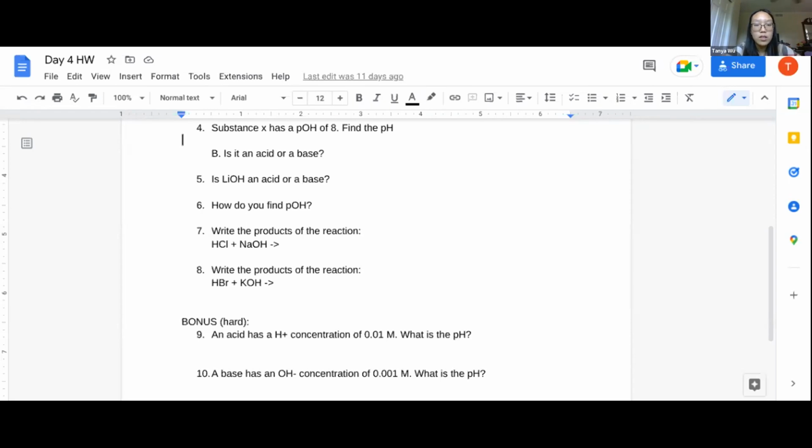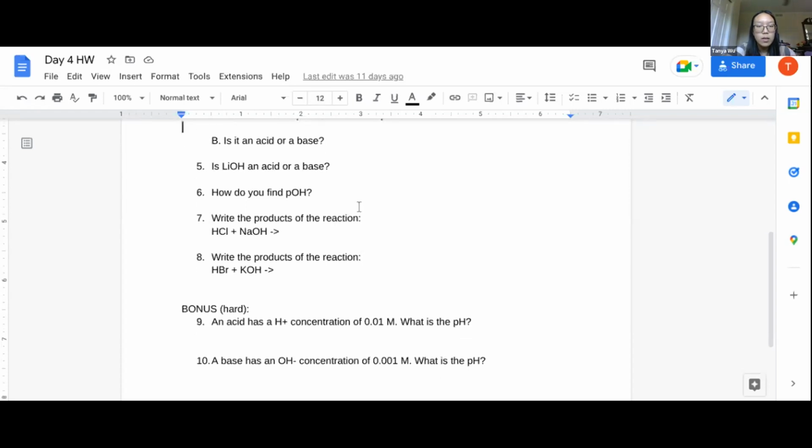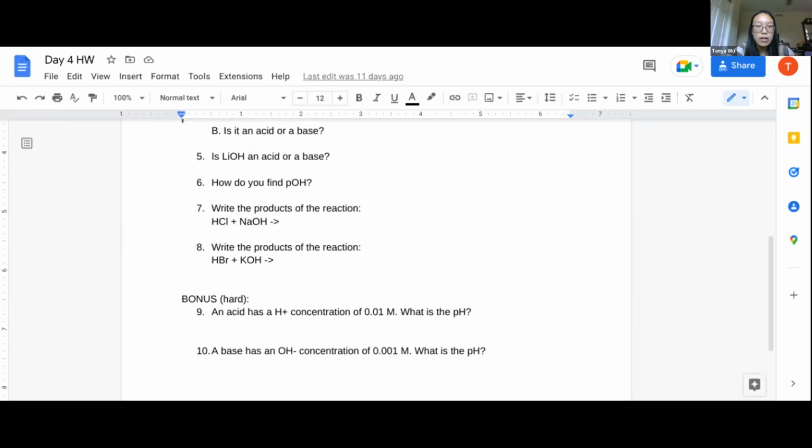Since pH and pOH add up to 14, that means the pH is just 14 minus 8, which is 6. And since the pH is less than 7, it's an acid.